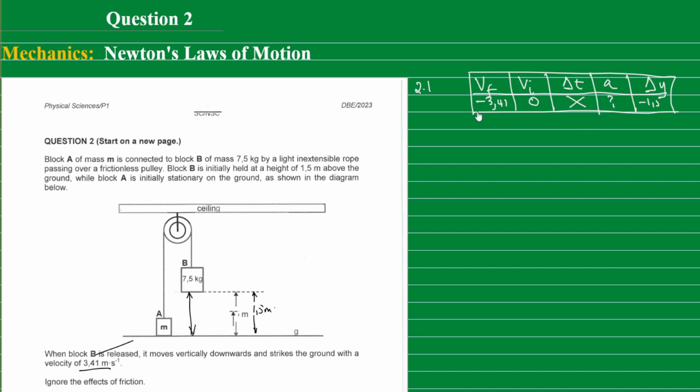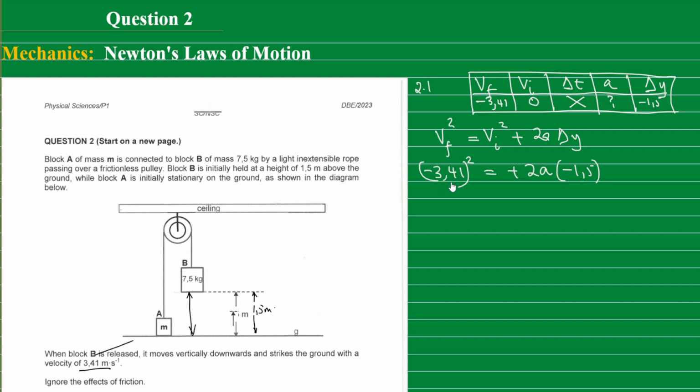This tells us that we are going to use an equation of motion that doesn't have a t, and this equation is v final squared equals v initial squared plus 2a delta y. Substituting, negative 3.41 squared equals 0 squared, which is 0, plus 2a times delta x, which is negative 1.5.